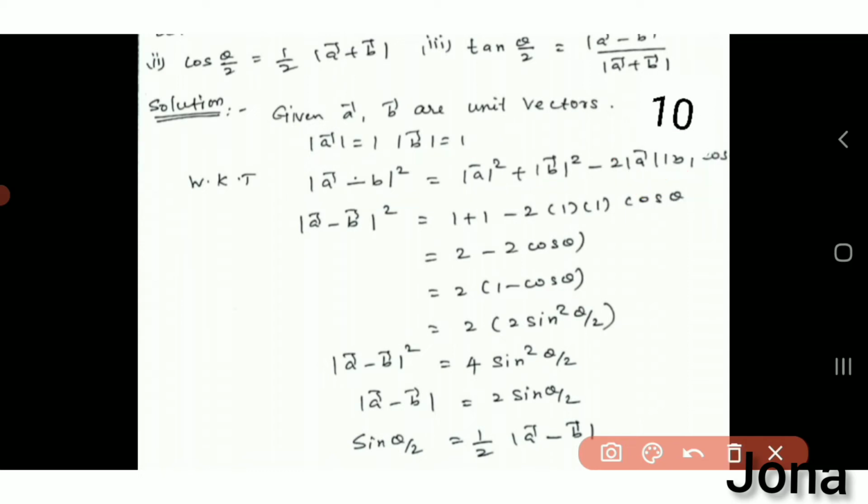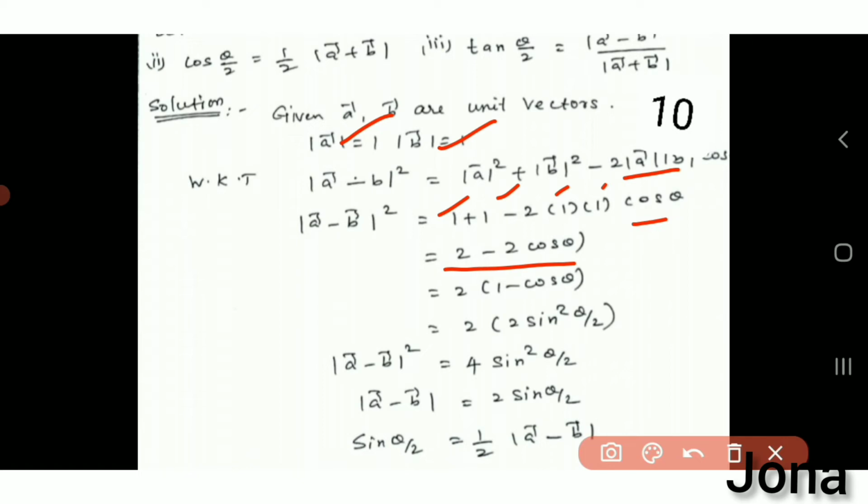Substituting the values, 1 plus 1 minus 2 into 1 into 1 into cos theta, so 2 minus 2 cos theta.